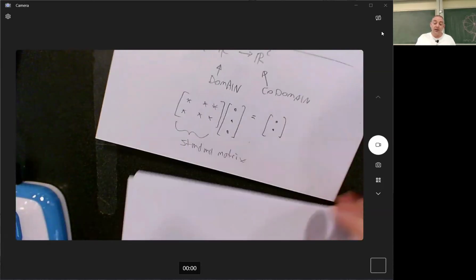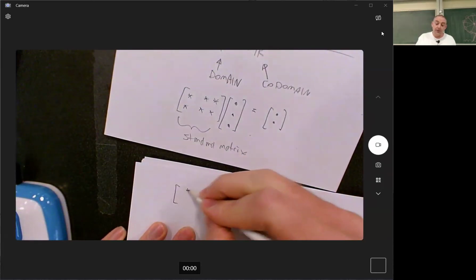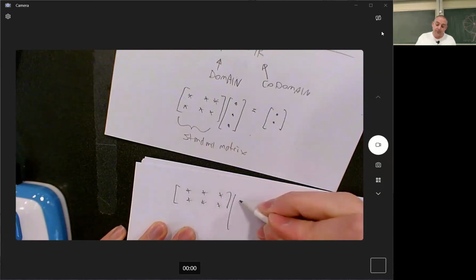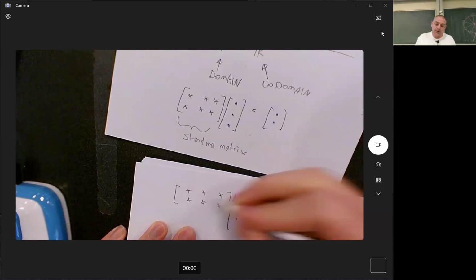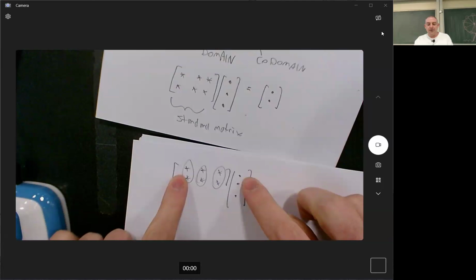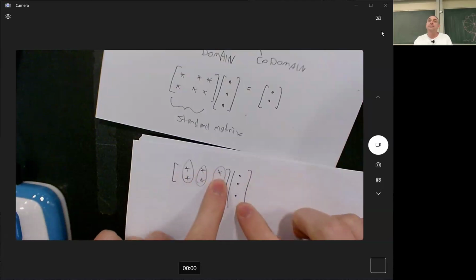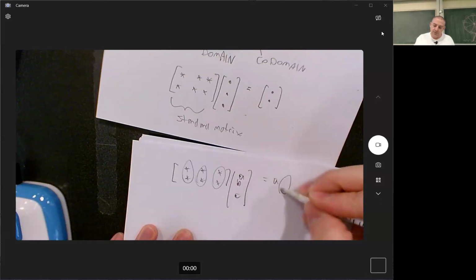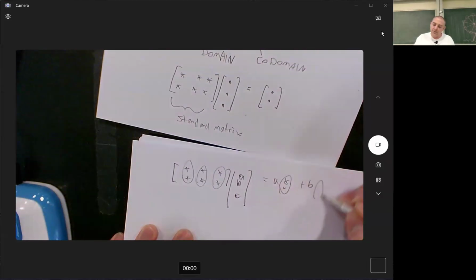This isn't necessarily useful in direct terms at this time. I just want to tell you. I can think of this as number times that plus number times that plus number times that. Like if this is A, B, and C, I'll get A times the first column and B times the second column and C times the third column.